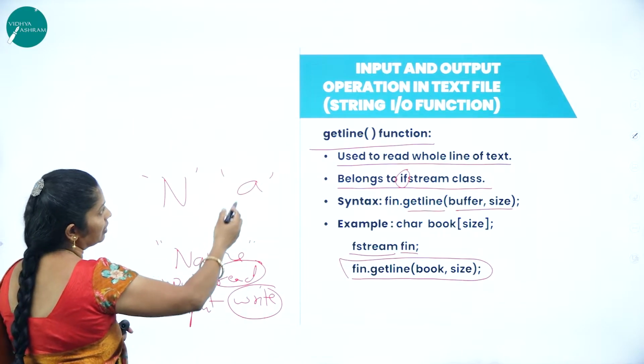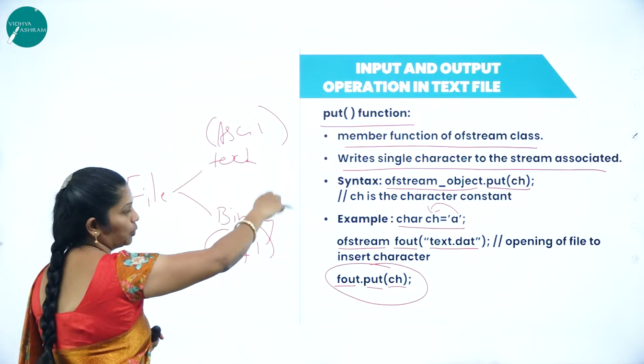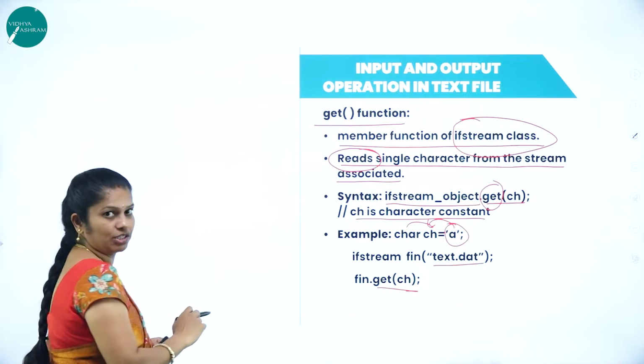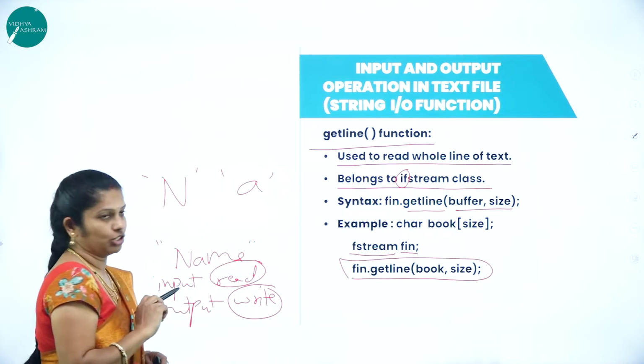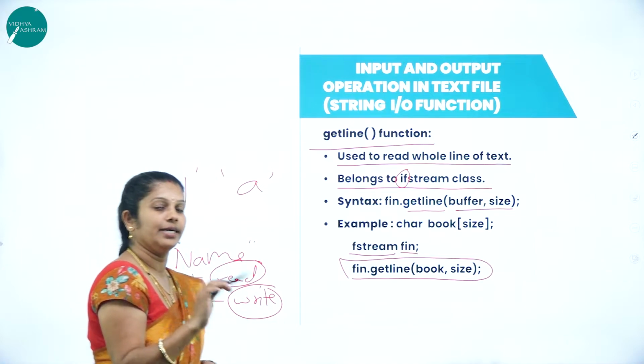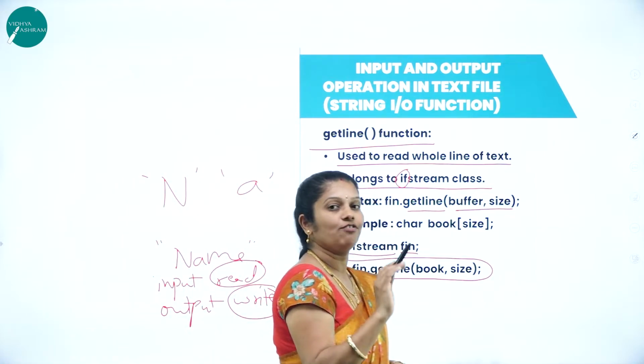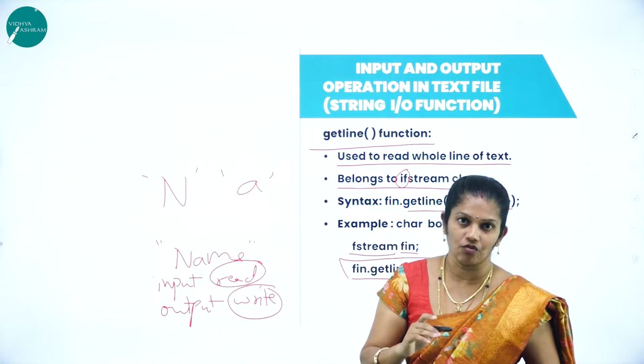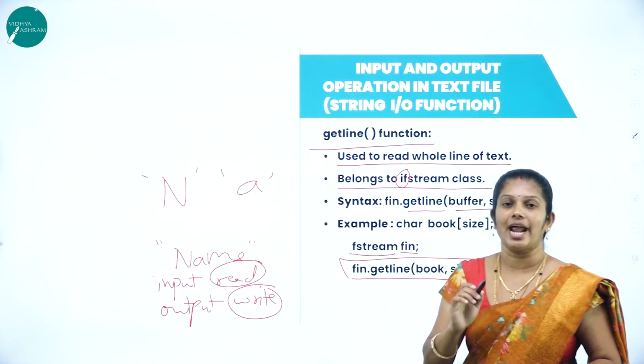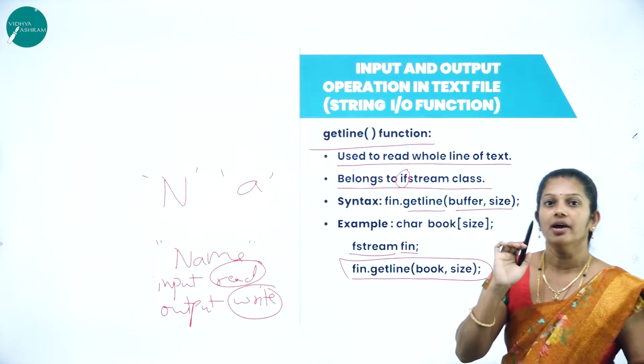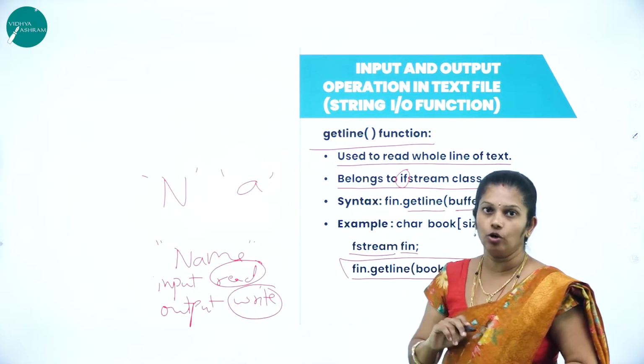All three, put, get and getline functions, are used when we have ASCII format.